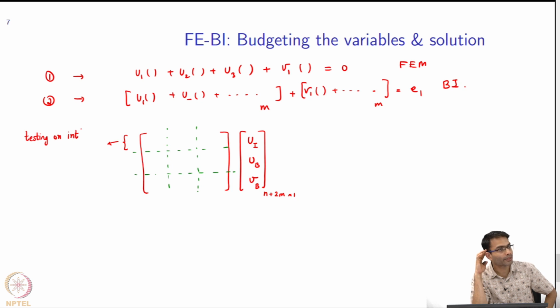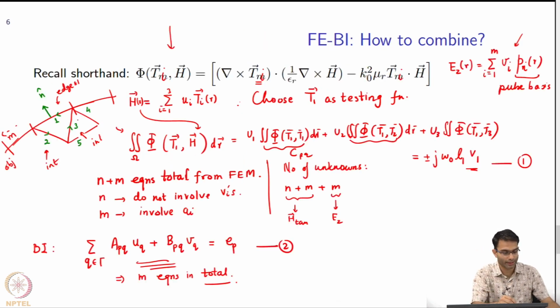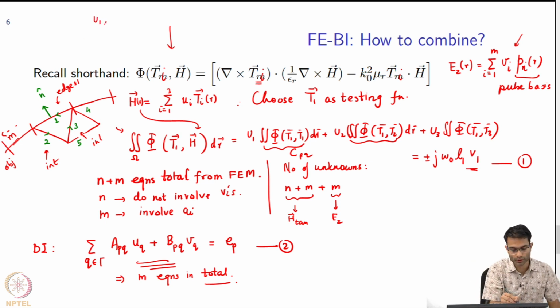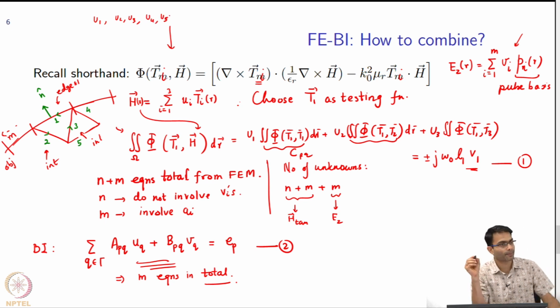Supposing I take an interior triangle, something like this, and I test along an interior edge. Example 3 is a good example of an interior edge. The equation for 3 involves u1, u2, u3, u4, u5, correct? Will there be any v's in that? There will not be any v's in that.